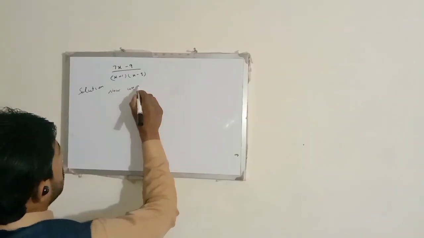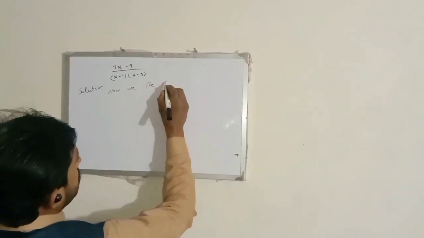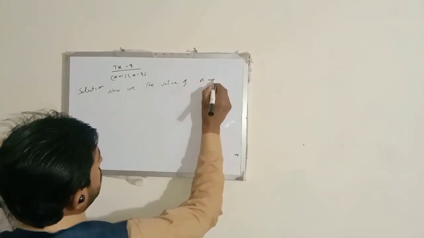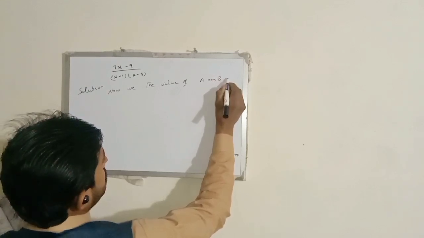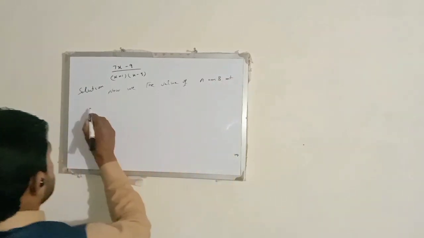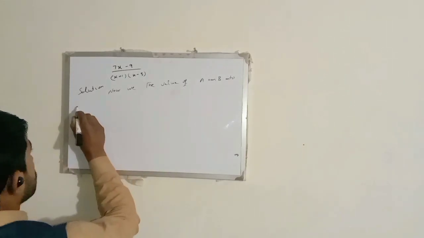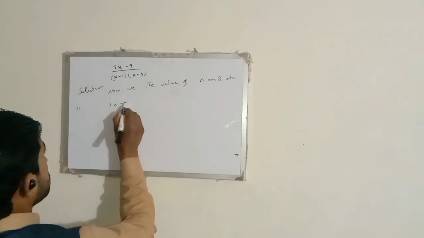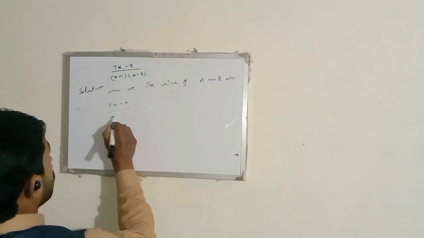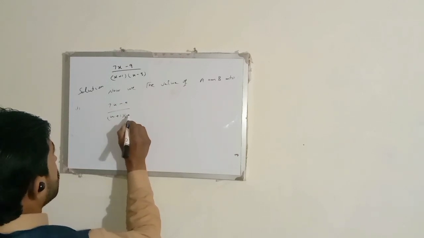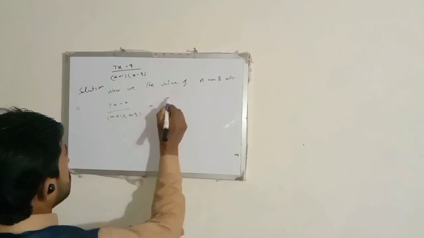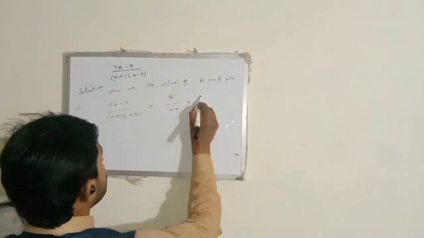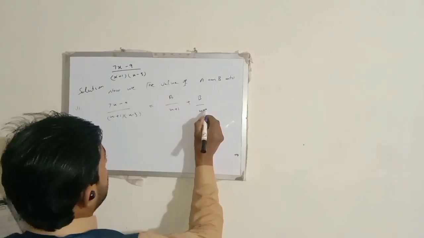Now we put the values of a and b into equation 1. As we know, equation 1 is (7x - 9) over (x + 1)(x - 3) equal to a over (x + 1) plus b over (x - 3).